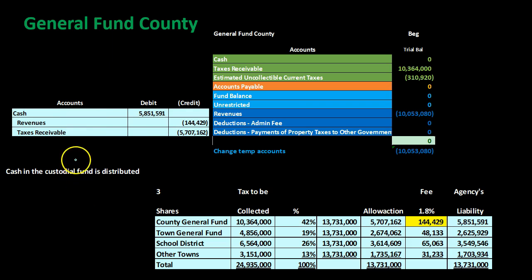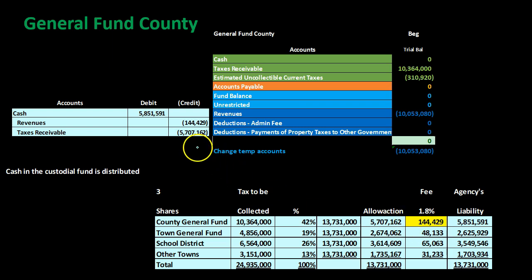General fund for the county is going to be receiving that $5,851,591 related to them in accordance with our table. So that's the amount that's going to be applied to them. They're also going to have the revenue, because recall that the county is the one that's basically going to be given the fee of the 1.9 that's going to be handling this, and therefore they're going to have an increase revenue of the 144,429.